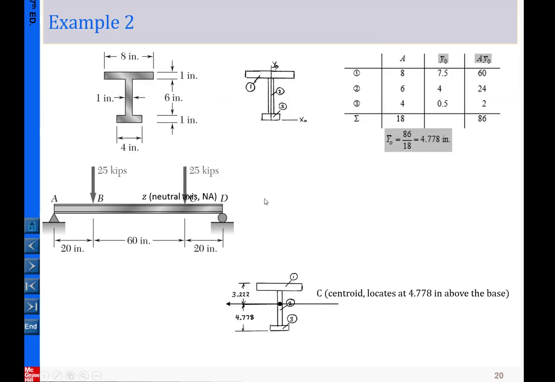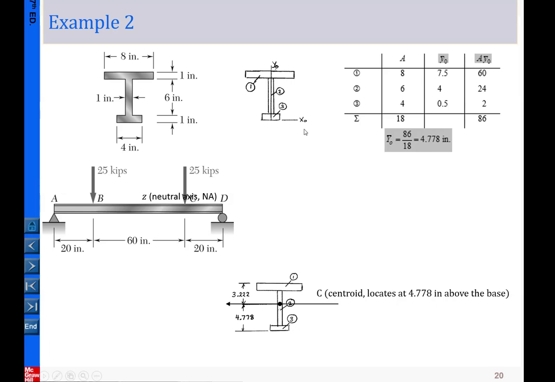This is another example. This is an I-shaped beam, and I decompose it into 1, 2, and 3: the top flange, the bottom flange, and the middle rib. You can exercise on your own and try to see whether you can come up with 4.778, measured from the bottom.